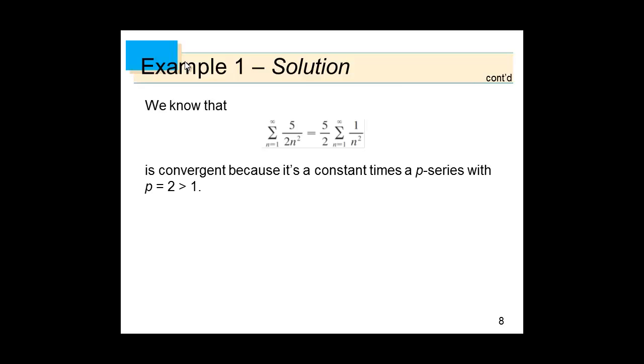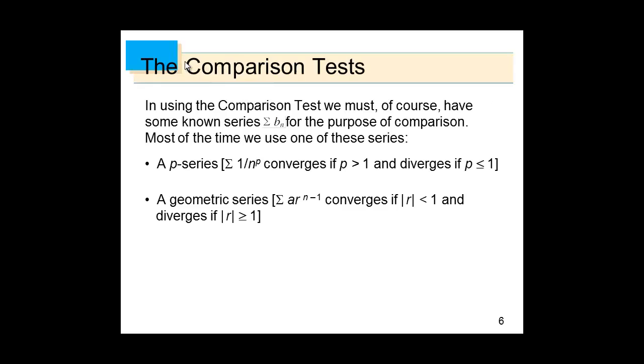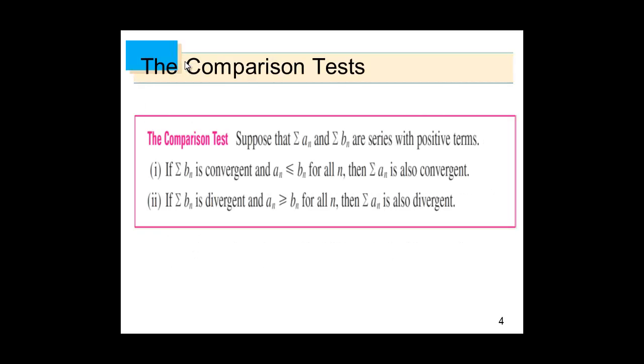Now, one thing you want to make sure is that the series you have is a series of positive terms. If you want to apply the comparison test, the terms of the series should be positive. Is that making sense? Now, when I wrote down the test here, I said they are series with positive terms. It doesn't have to be that every term is positive.